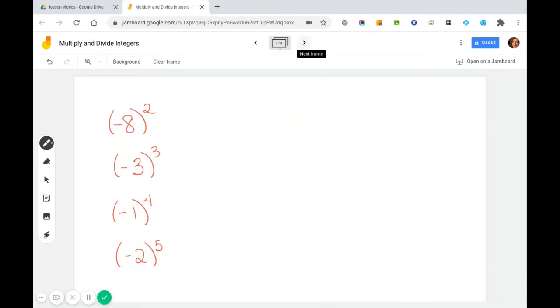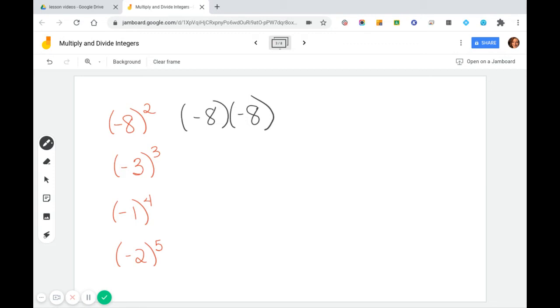When you have exponents, be careful on this. First of all, don't make the common mistake of just doing -8 times 2. That doesn't mean -8 times 2. It's not a -16. And it doesn't mean do 8 to the second and then stick a negative with it. So I've got for this one, -8 times -8.